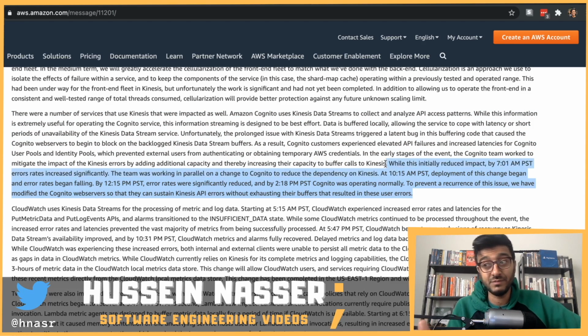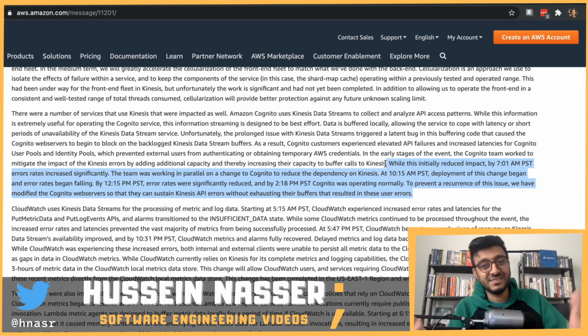Although the Cognito team literally didn't do anything, their server is up and running. They just have bad code so that when they try to buffer these analysis APIs for Kinesis and can't send them anymore, it started buffering, collecting all these APIs to be analyzed, and I guess crashed the server.